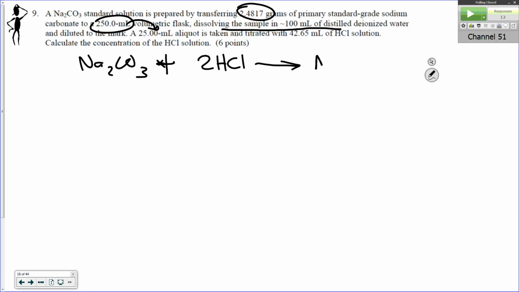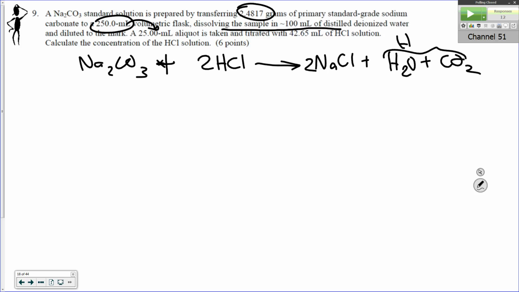If it reacts, it's going to produce sodium chloride plus carbonic acid, which is going to decompose to water and CO2 ultimately, but in the short term, it's carbonic acid.